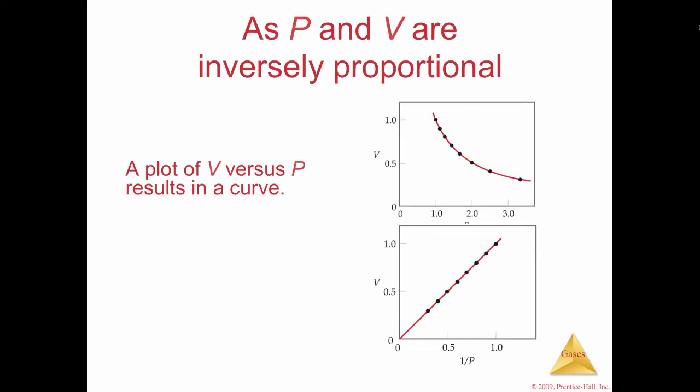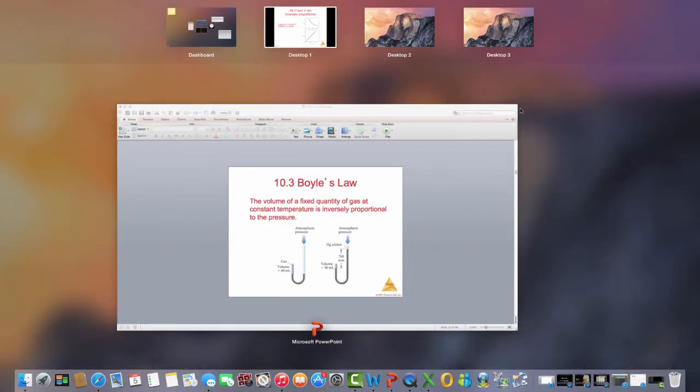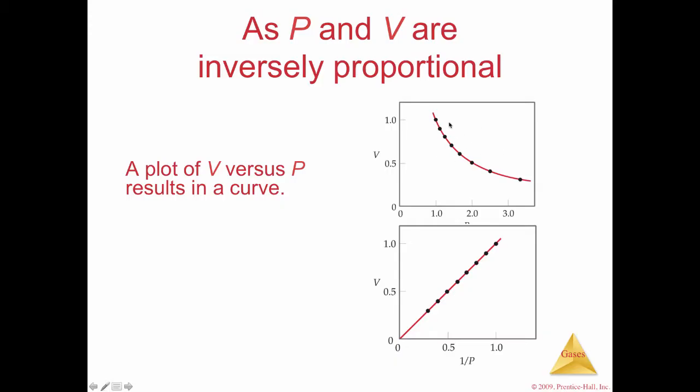If you plot the relationship of volume versus pressure, this results in a curve, which indicates that it is an inverse relationship. So we get this line here.